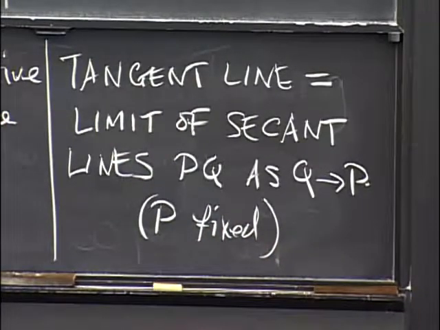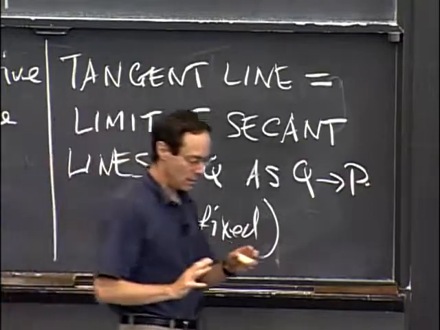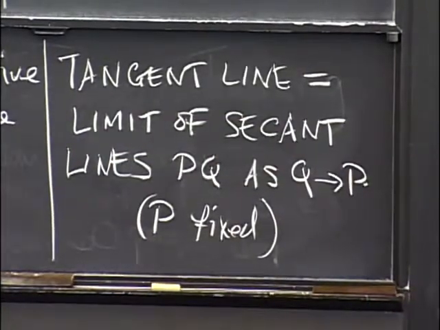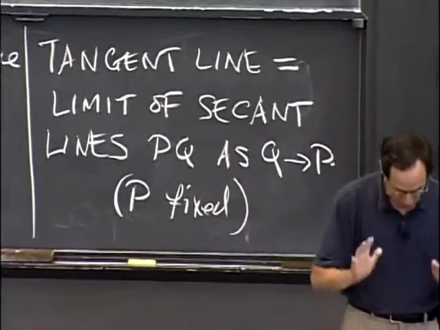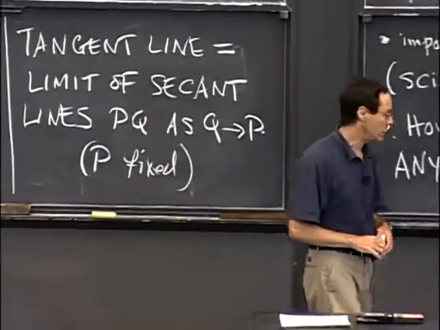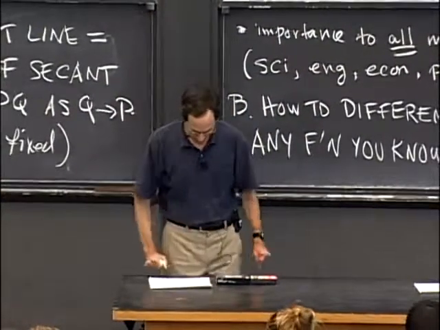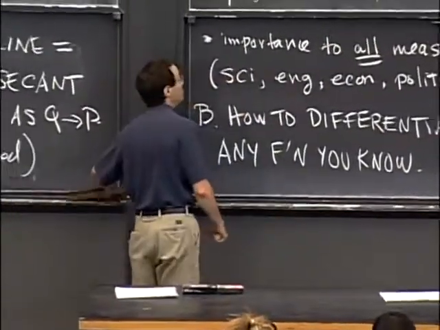All right, so again, this is still a geometric discussion, but now we're going to be able to put symbols and formulas to this computation, and we'll be able to work out formulas in any example.